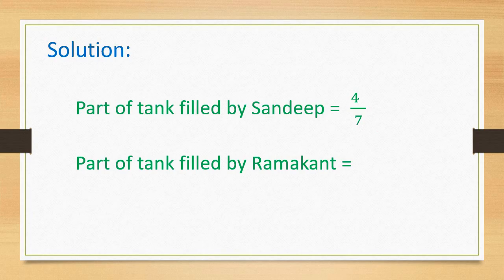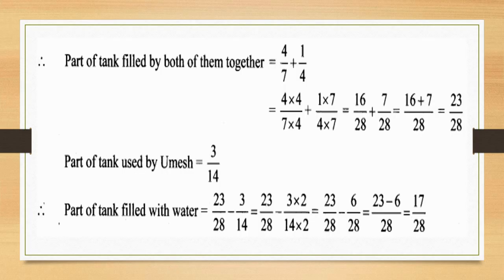Part of a tank filled by Sandeep is 4 by 7, and part of tank filled by Ramakant is 1 by 4. Therefore, part of a tank filled by both of them together is equal to 4 by 7 plus 1 by 4. Here we have to add this. The denominator is different, so we have to keep our denominator same.